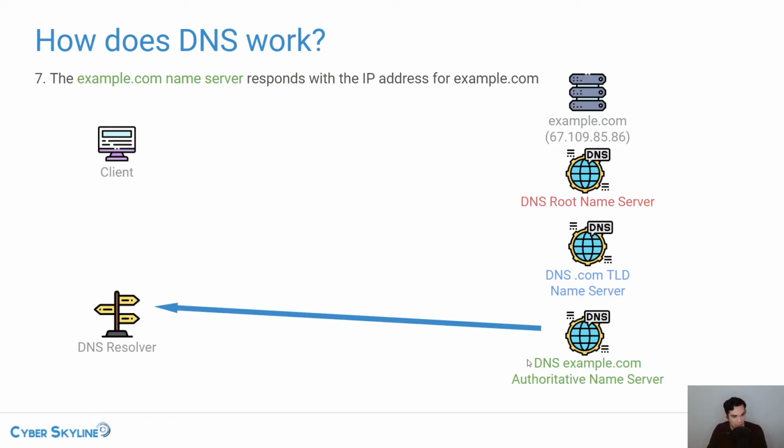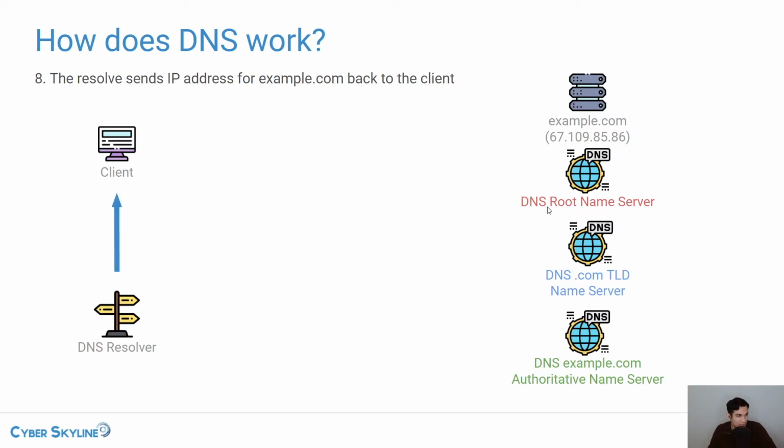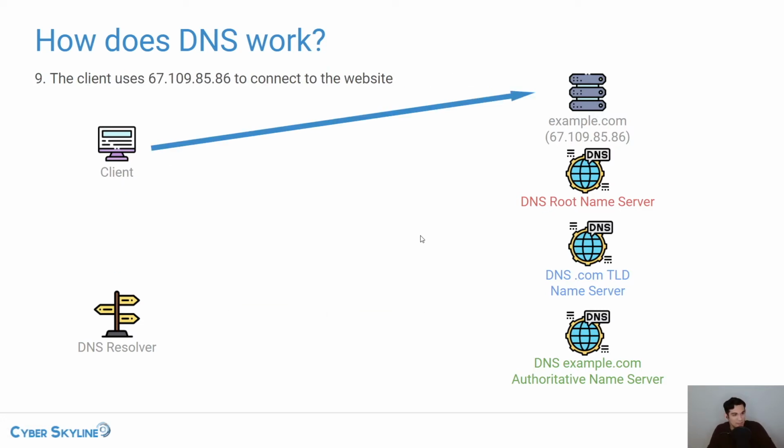And then this green entry here, the example.com authoritative name server, will actually respond with that IP address itself. And then we now know that example.com's IP address is 67.109.85.86. That information gets sent back to the client. The client can now go to example.com, and then example.com will give you the HTML for that website.